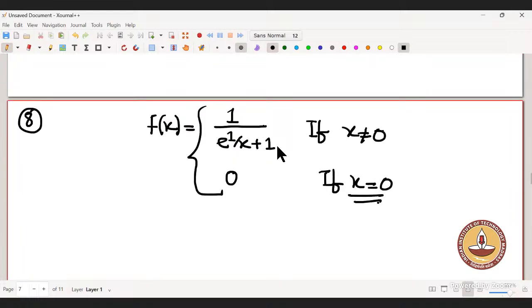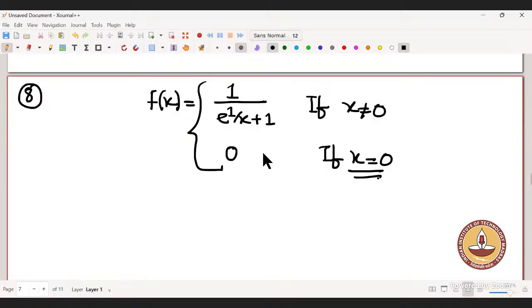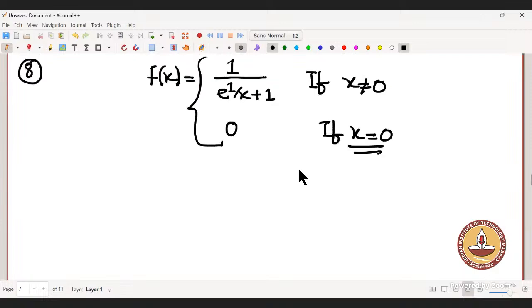It's clear from the definition that this function is continuous at all points except 0. So the only point you need to check is x equal to 0. At x equal to 0, you need to find the limit of this function.